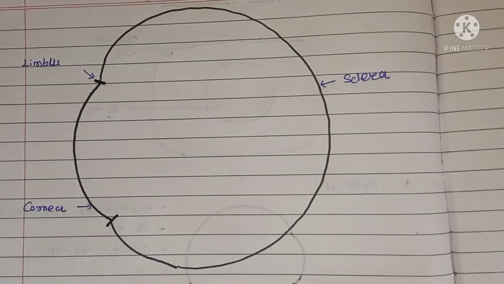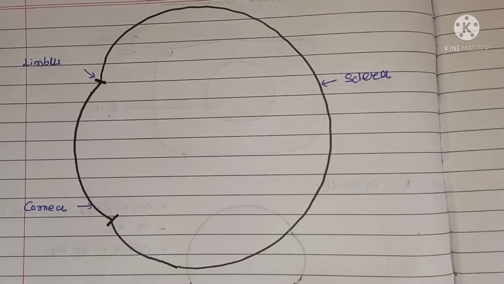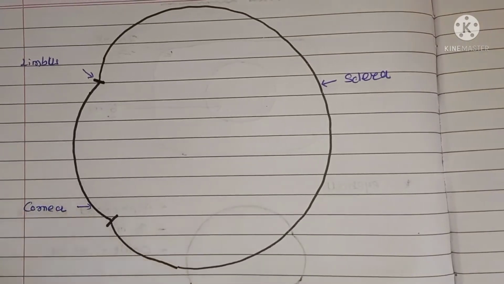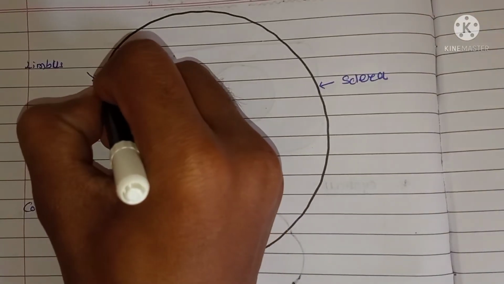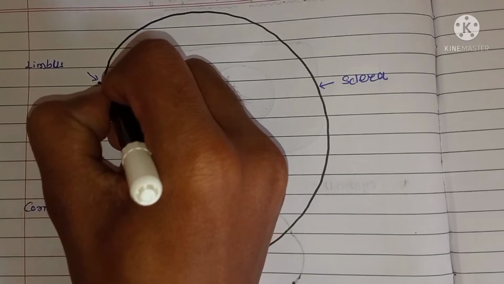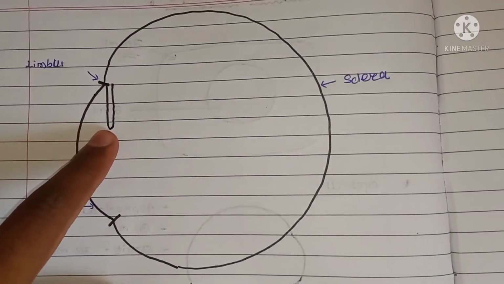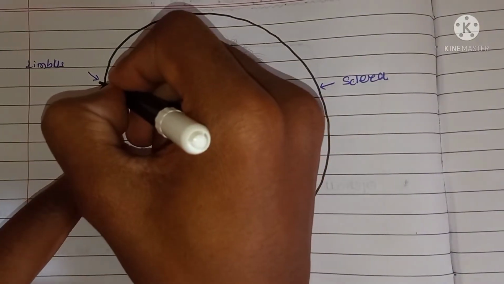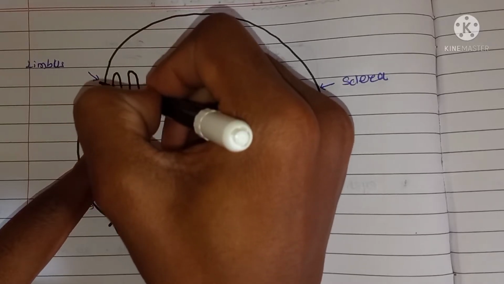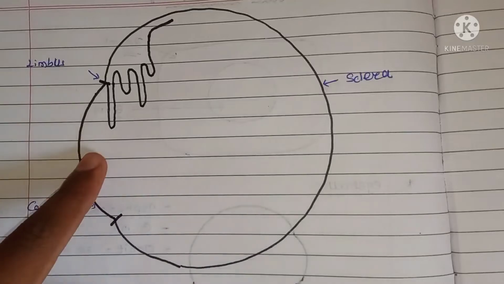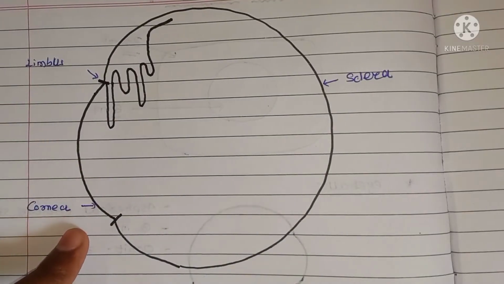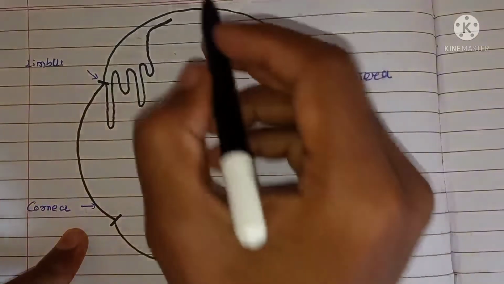Now we are going to see the middle structures. The middle layer, as we discussed, is made up of three things. First of all, iris. So this is our iris. Then ciliary body. This is the ciliary body. And after the ciliary body, there is the choroid.